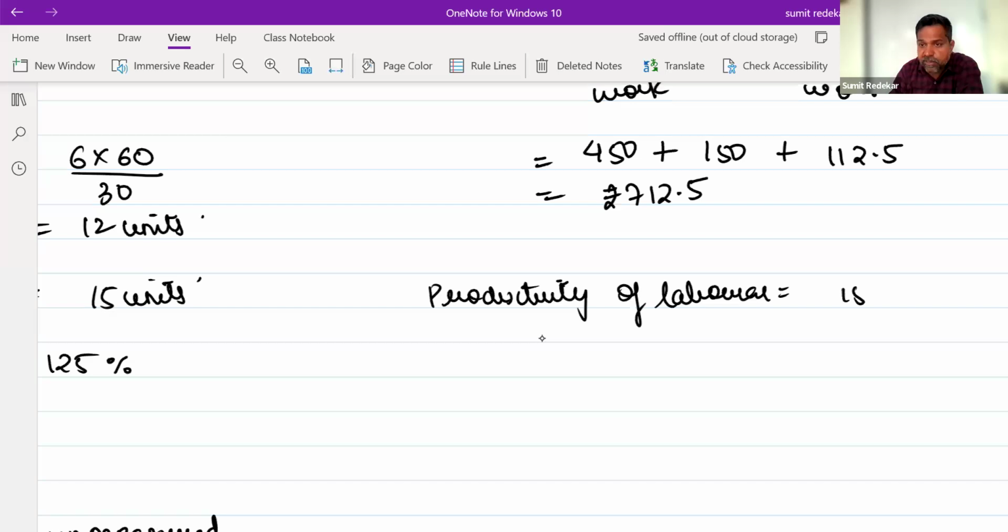Productivity of laborer is 15 units. He's giving me an output of 15, I am expecting 12, but that is not the productivity they are asking for.